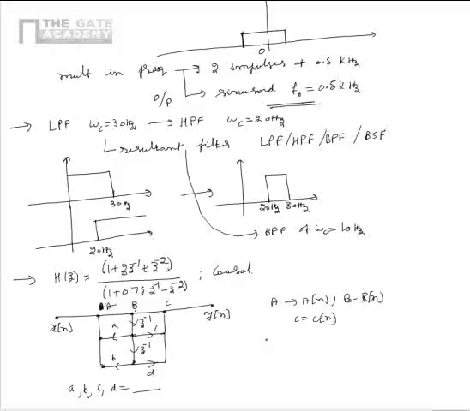From this we see that A of n is equal to x of n plus A into B of n minus 1 plus B into B of n minus 2.